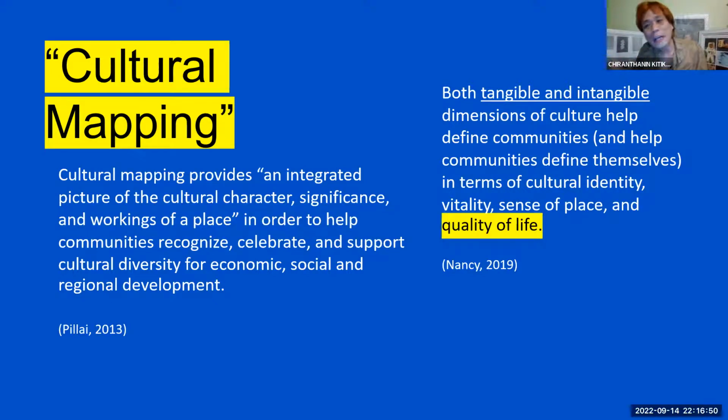But not just that, right? It developed to become not only about tangible things. Nancy in 2019 added more to the definition of cultural mapping. It's not only tangible things, but the intangible dimension is also a part of culture. You will understand the space, the memories, the things that you've been told, or the narrative of the people, the norms.